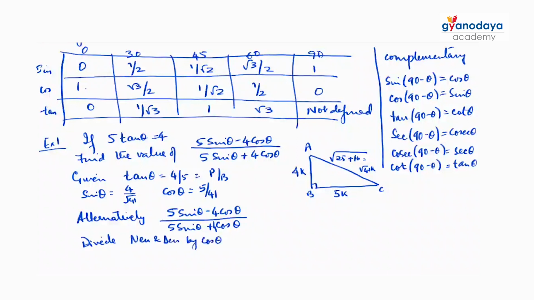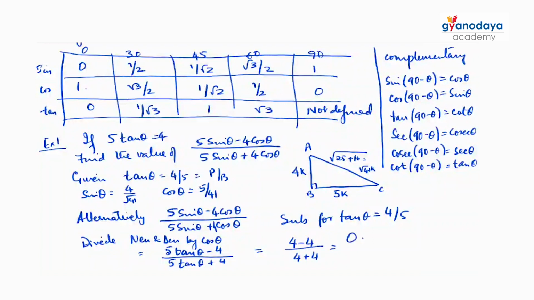So what I get is 5 tan theta minus 4 divided by 5 tan theta plus 4. And when I substitute tan theta equal to 4 by 5, I get 4 minus 4 by 4 plus 4, which will be 0. And so you can do it in two different ways.